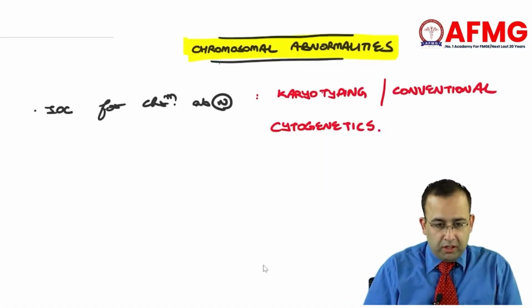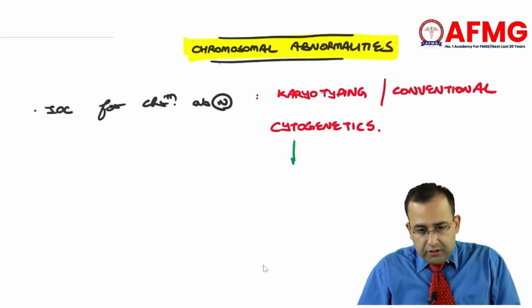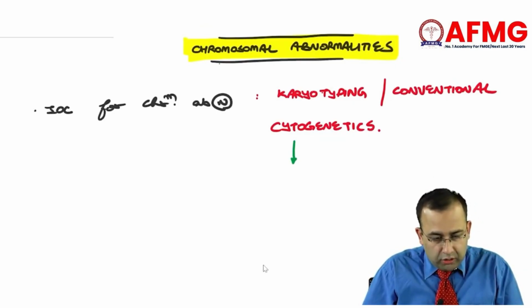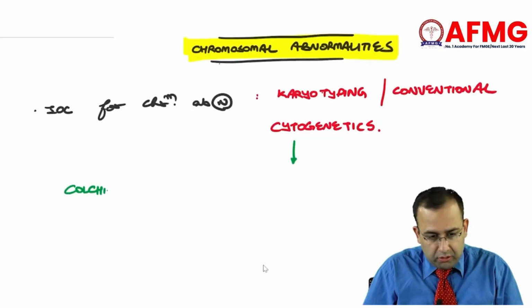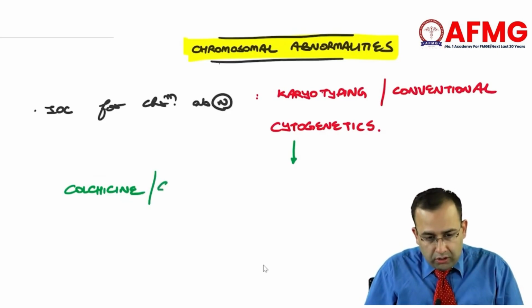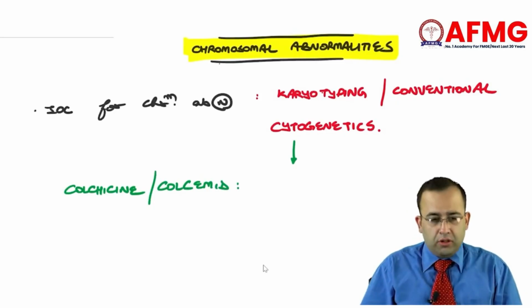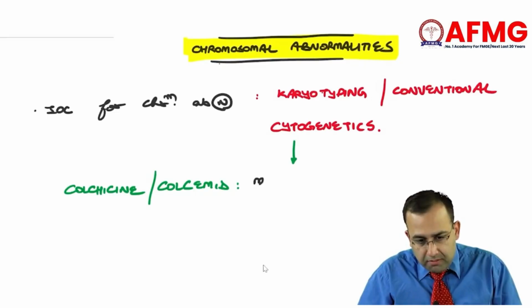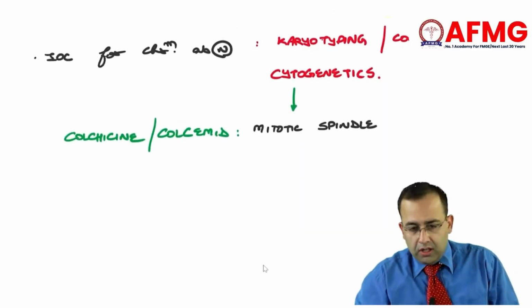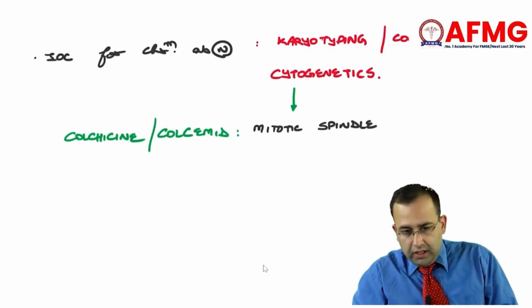How is it performed? In conventional cytogenetics or karyotyping, we add colchicine or colcemid, it is the same thing, which is a mitotic spindle inhibitor. It inhibits spindle formation.